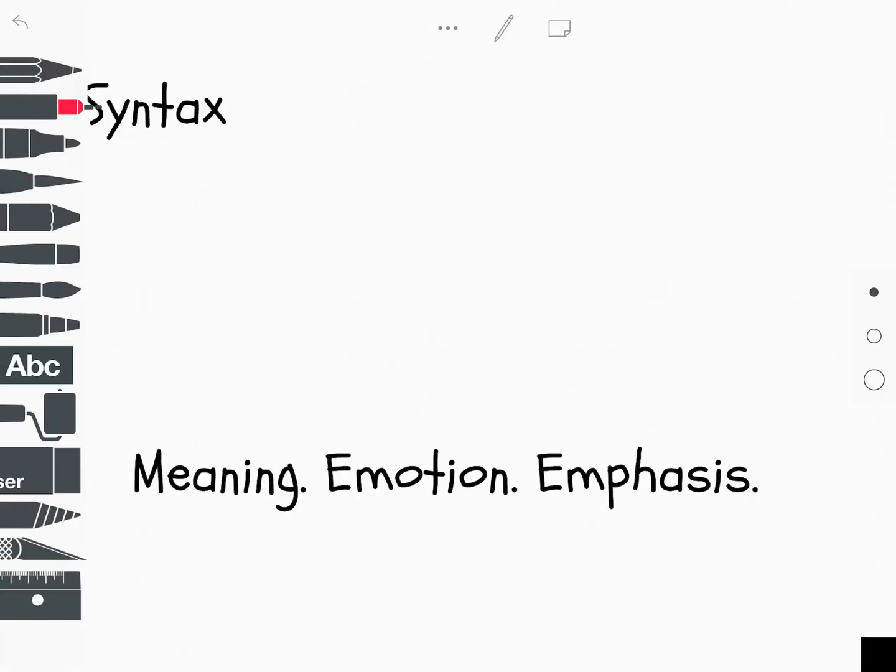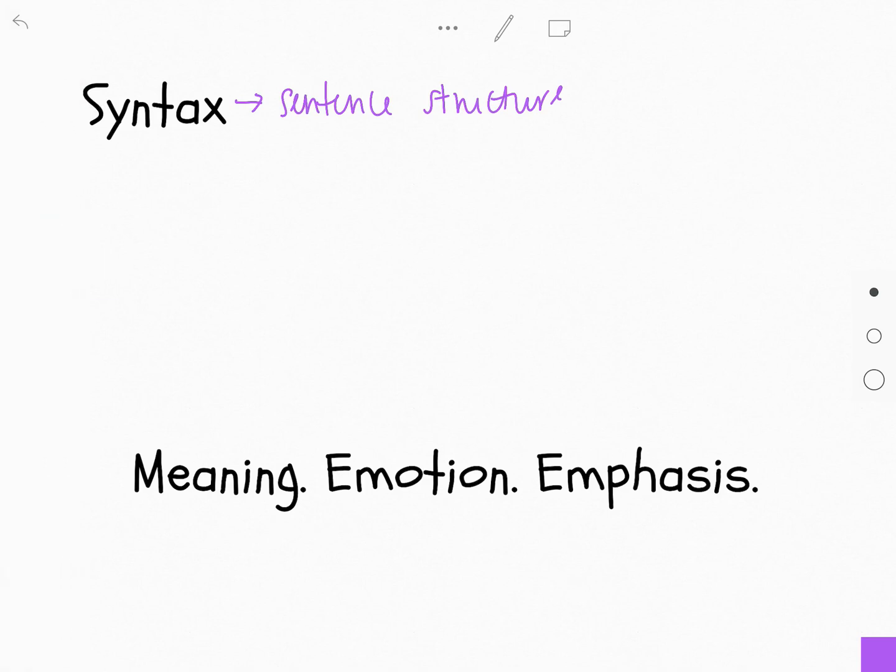Syntax. I hate to tell you, those of you that were in AP last year, it doesn't go away. Okay? Syntax, put most simply, is sentence structure. Now, how do you talk about sentence structure? That's a good question, but there are some basics that you can use. So I'm going to give you a very, very basic grammar lesson.